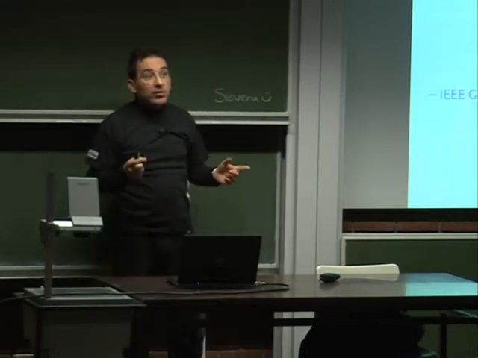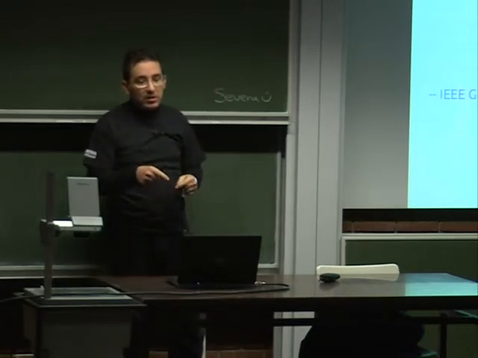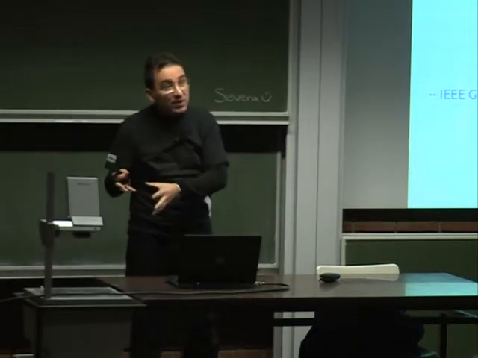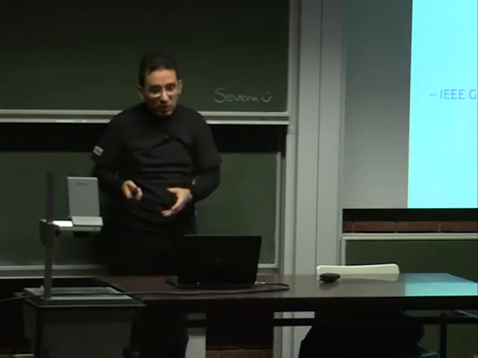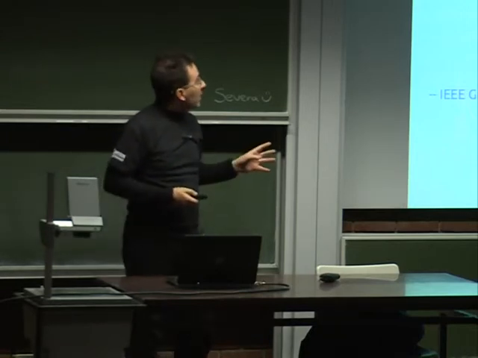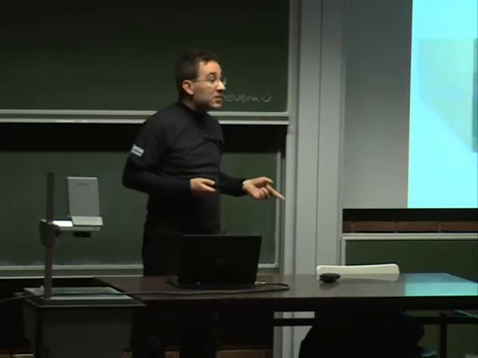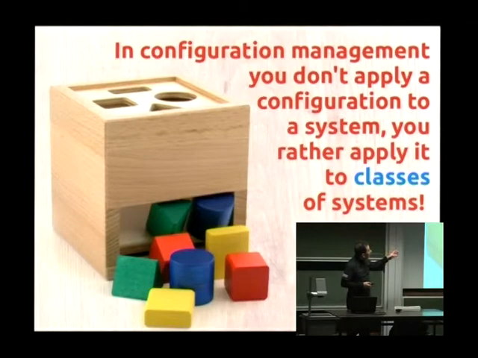Only after you correctly classify a system, you can configure it, or if you prefer, you can make it converge to the state that it should go to. And that's an important thing, because in configuration management, you don't configure systems. You apply configurations to classes of systems.